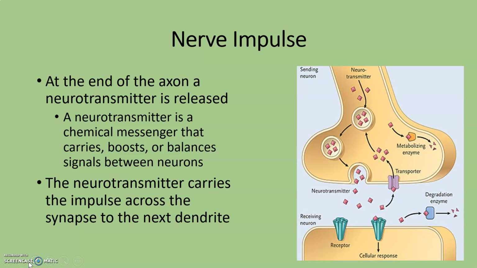And it's those neurotransmitters that allow the neurons to communicate with one another. That neurotransmitter is going to do that because it carries that impulse across that synapse, that space between the neurons, and to the next dendrite.